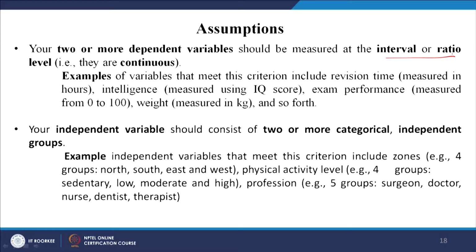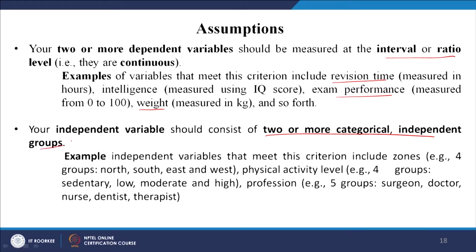Okay. The assumption we had discussed in the last lecture was that 2 or more dependent variables should be measured at an interval or ratio level, right. Some examples are revision time, exam performance, weight. Our independent variables should be 2 or more categorical independent groups, right.